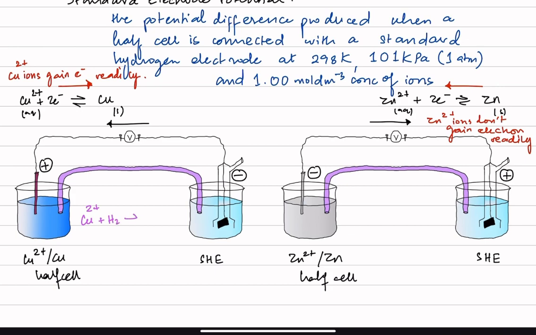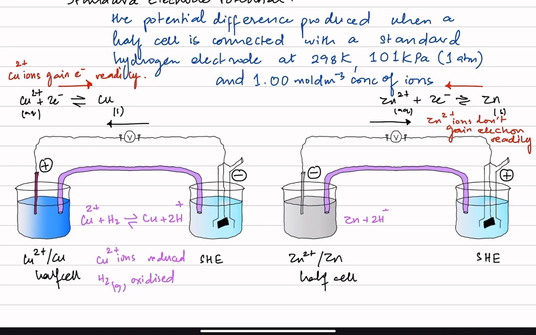On the electrochemical cell on the left hand side, the copper ions will reduce themselves, and ultimately hydrogen gas will have to be oxidized. So copper ions gain electrons, they reduce themselves, and as a result, hydrogen gas will have to be oxidized so that the electrons can be supplied continuously.